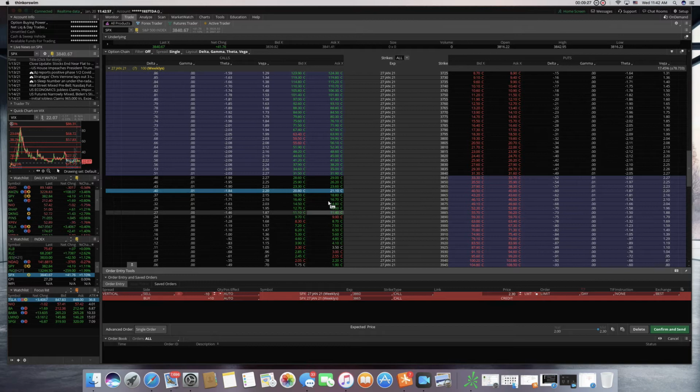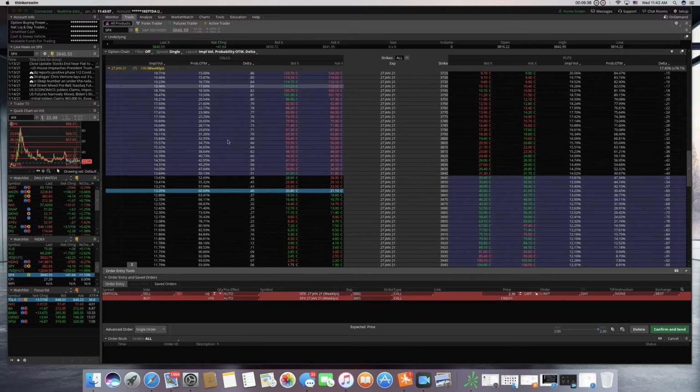So the closer you get to the money, the less risk you'll have to put on. It still is risky because there's a higher chance. There's a 40% chance. You also look at probability out of the money. This is a 60% chance of this staying out of the money, which isn't completely certain.